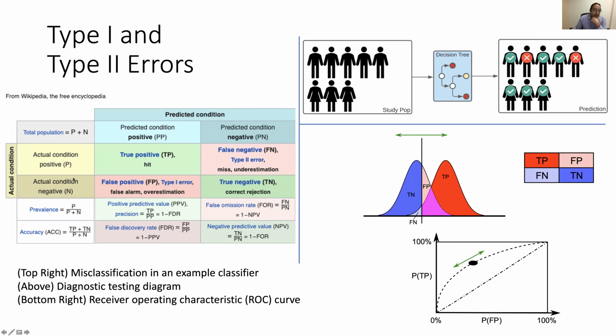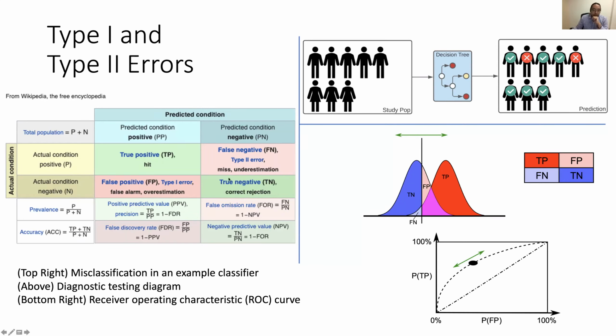So for binary classification, for each one of these samples, each one of those patients, you can have their actual condition. Are they a positive case or a negative case, right? And in the columns here, we have the predicted value, right? Is this person predicted positive or predicted negative?